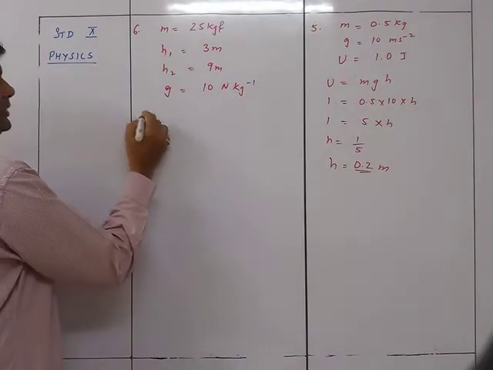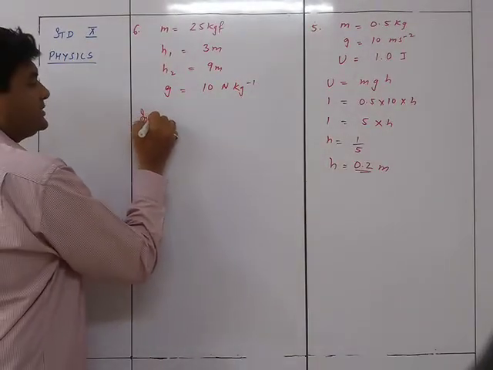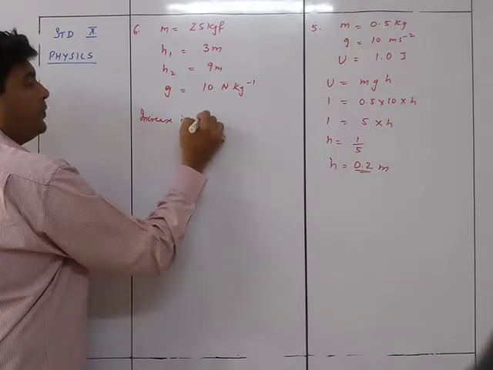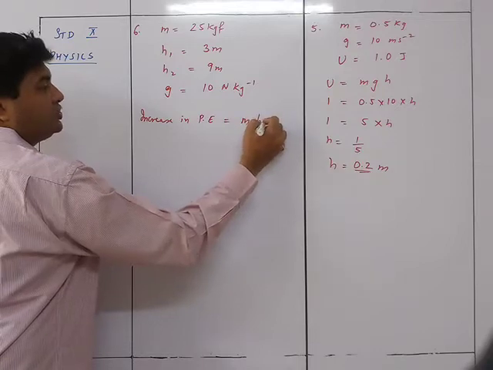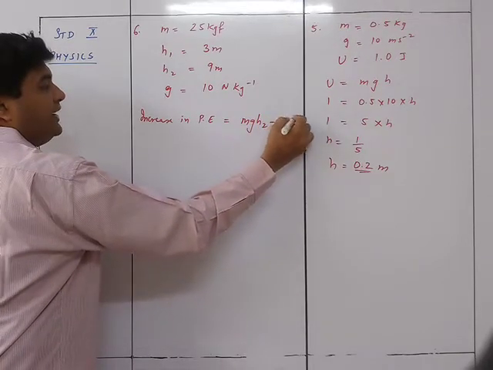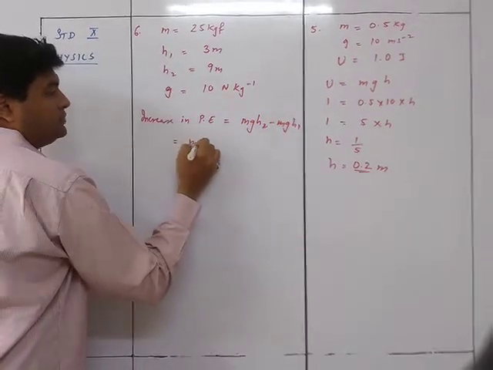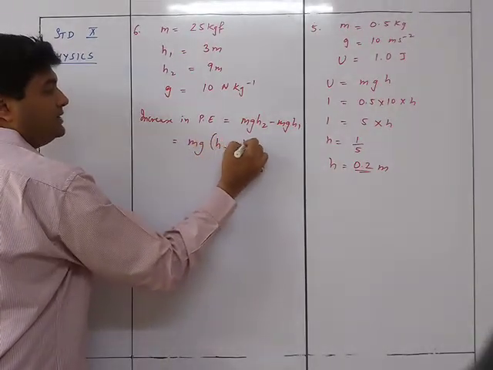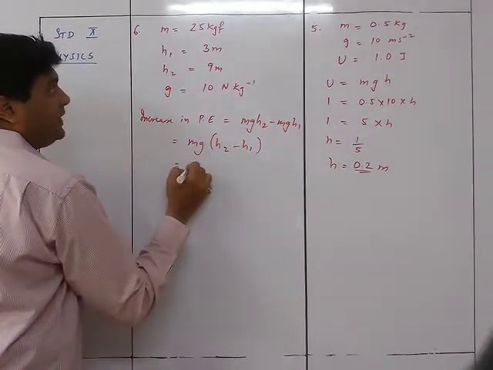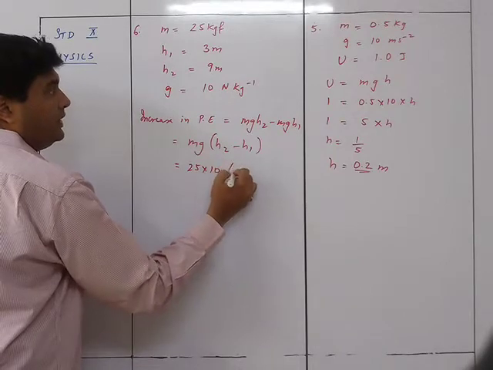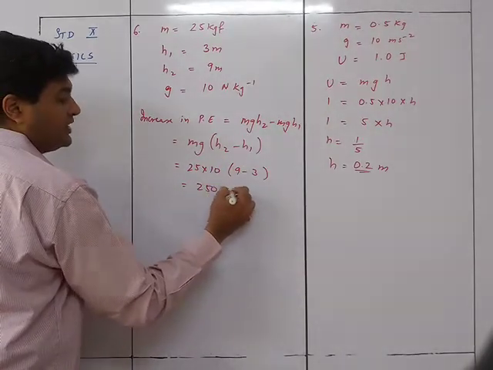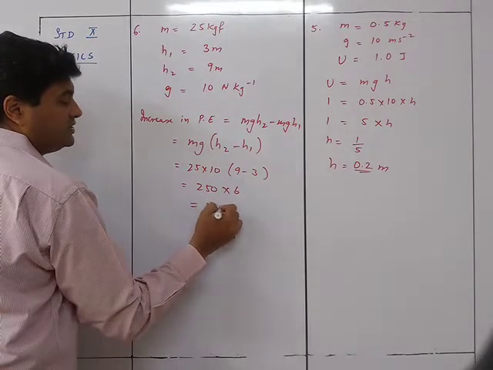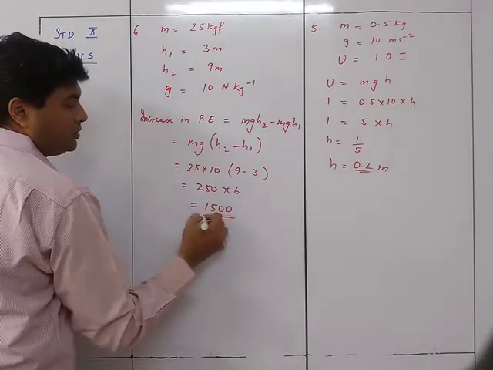So it's very simple. The increase in potential energy is equal to mgh2 minus mgh1, which is mg(h2 minus h1), which is 25 into 10 into (9 minus 3). So it's 250 into 6, that is 1500 joule.